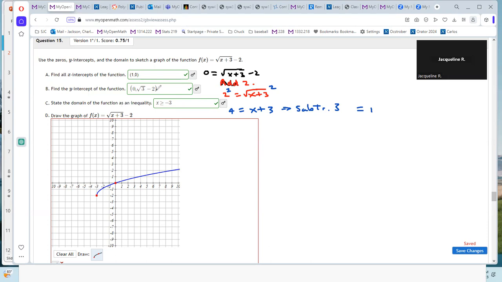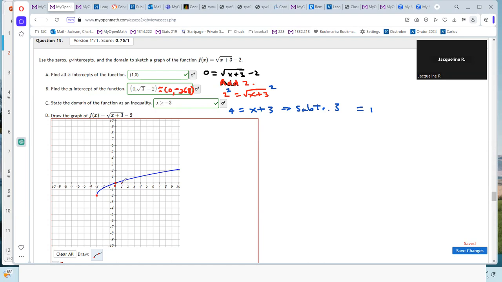This number here is approximately negative 0.268, so that's going to come in right below the origin.